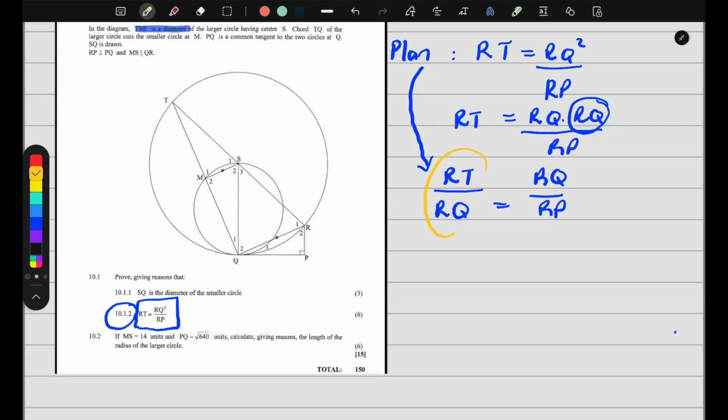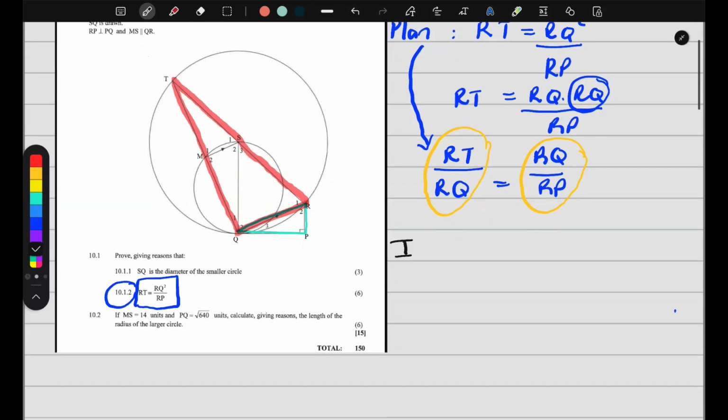I'm going to first see if this can make a triangle. Let's see if RTQ is a triangle. Yes, RTQ is this big triangle over here. So RTQ is a triangle. And let's see if this gives me RQP. Is that a triangle? RQP is this one over here. Okay. So I have two triangles. I'm going to say in triangle RTQ and triangle RPQ, I'm going to look for angles that are the same.